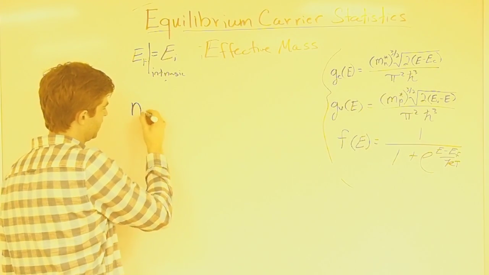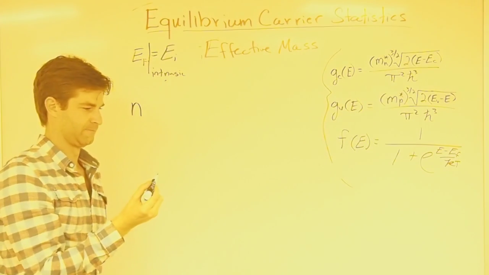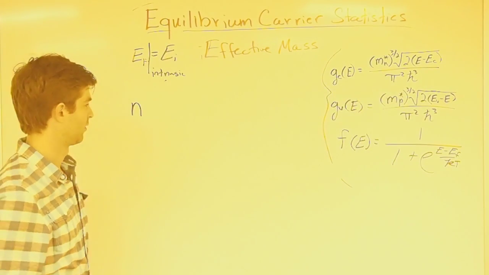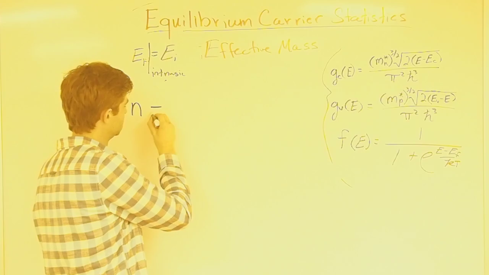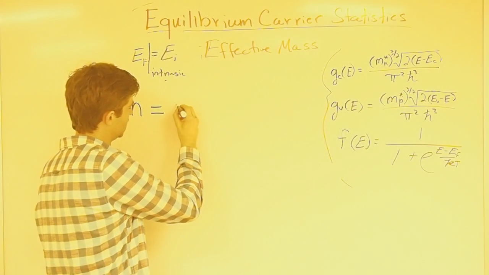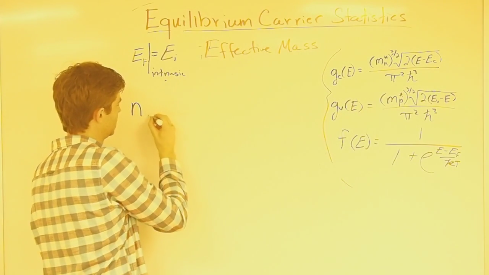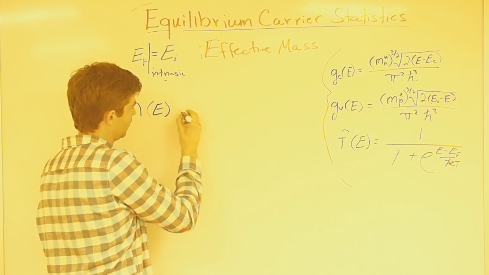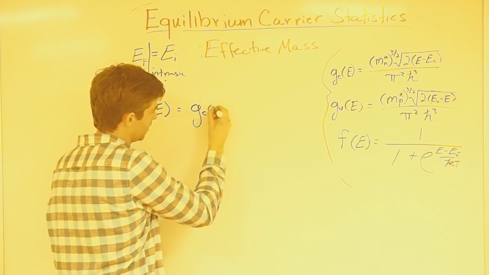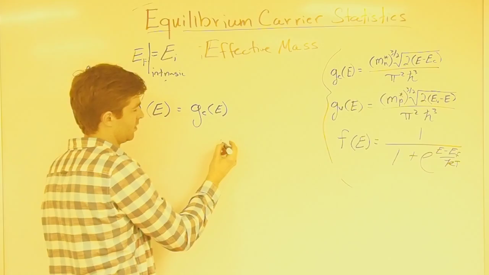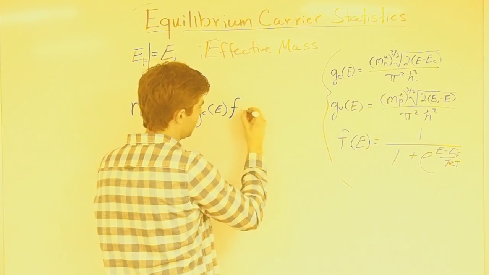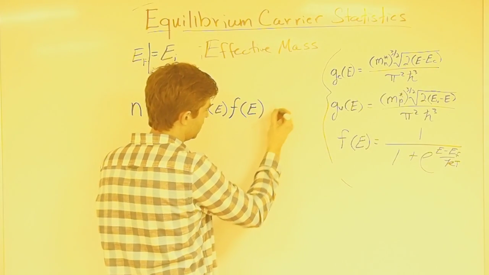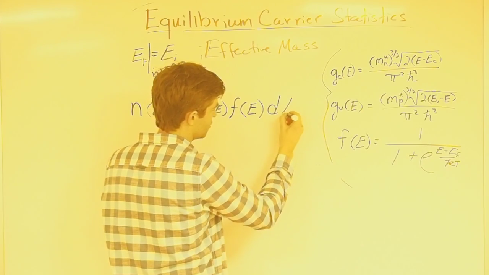N is the number of electrons per unit volume. So N is equal to, at some energy E, GC, the conduction band density of states of E, times F of E, times some change in energy dE.